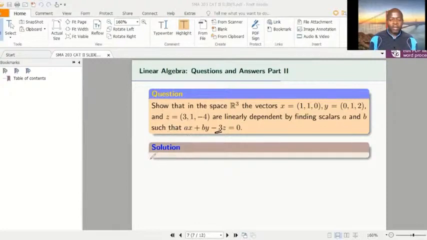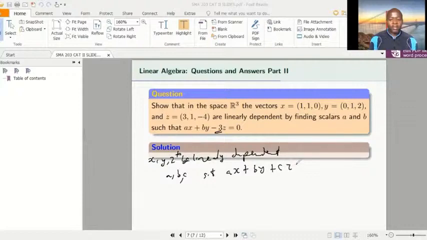For vectors x, y, and z to be linearly dependent, what that means is that you can obtain scalars such that a times x plus b times y plus c times z is equal to zero. But in this question, we are given c as -3.